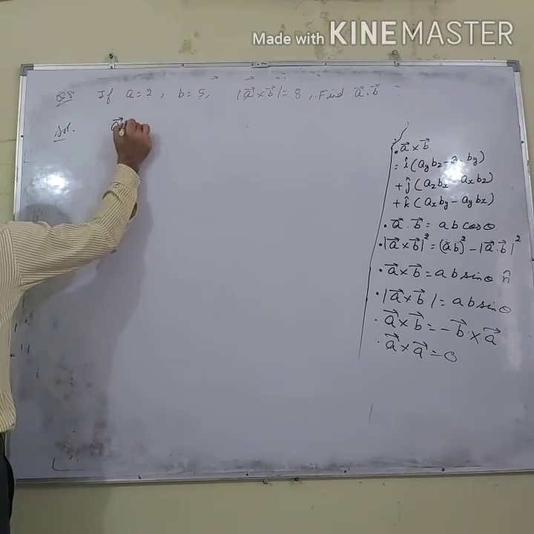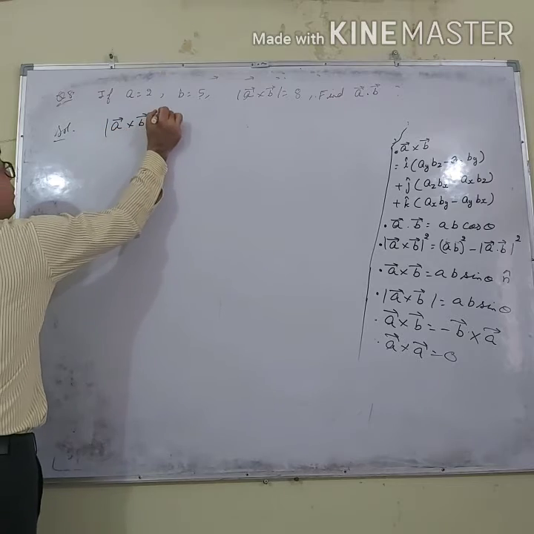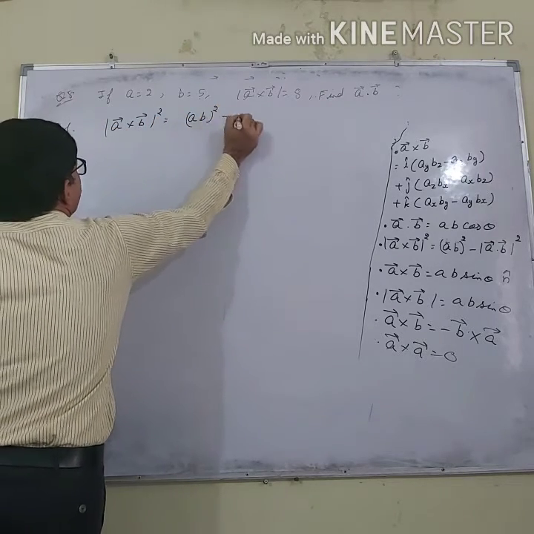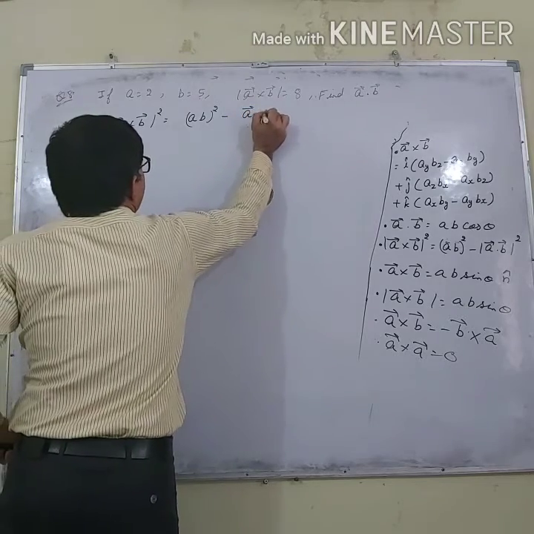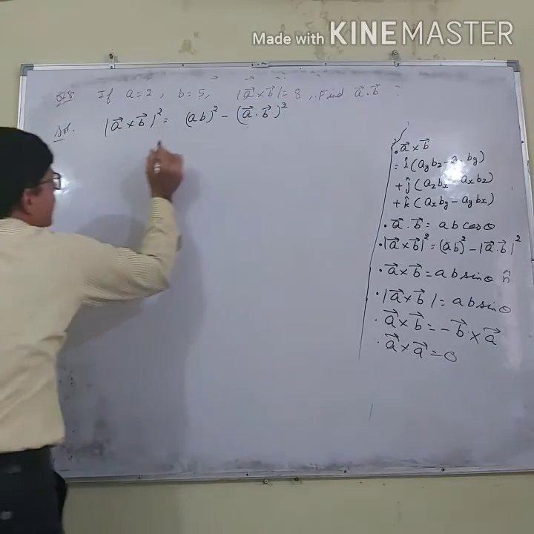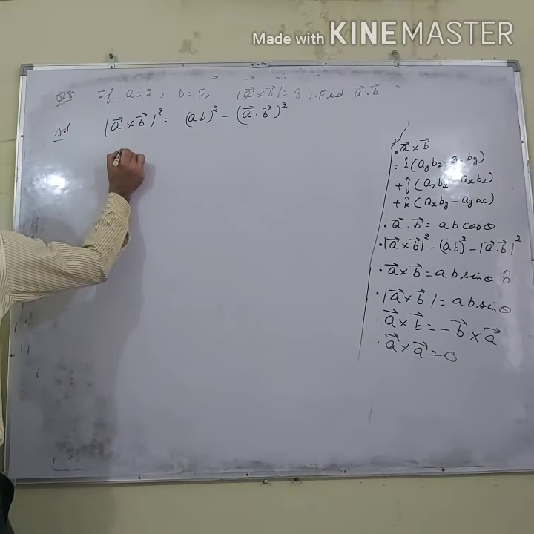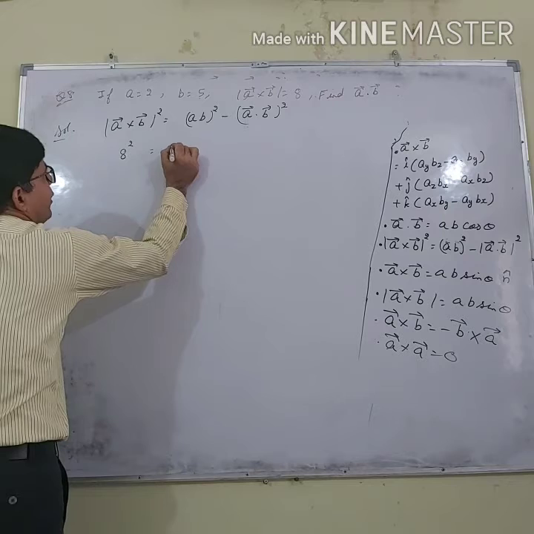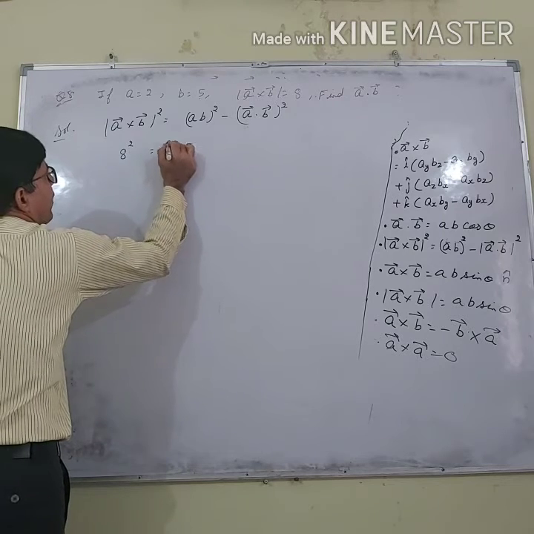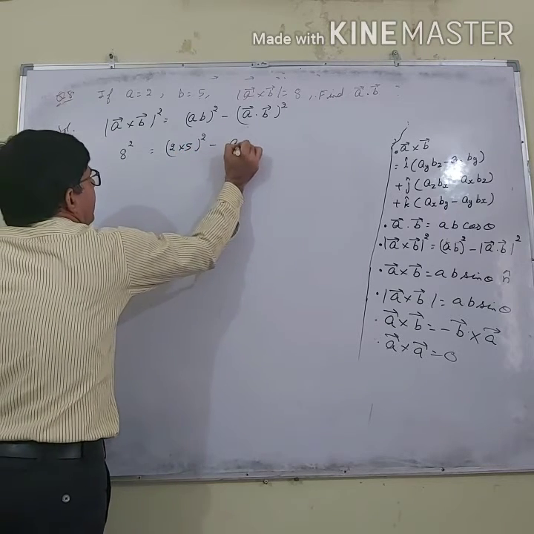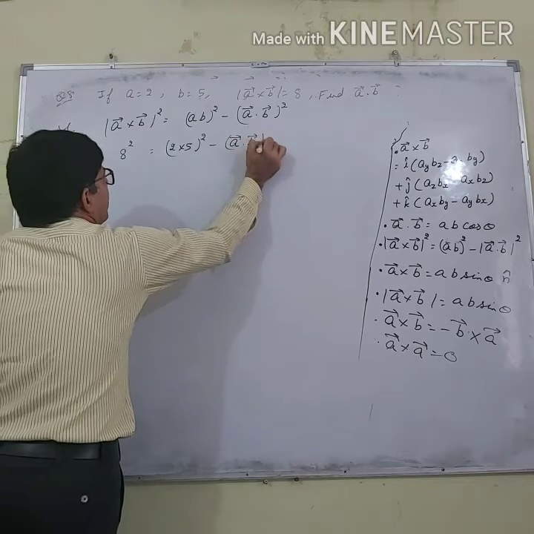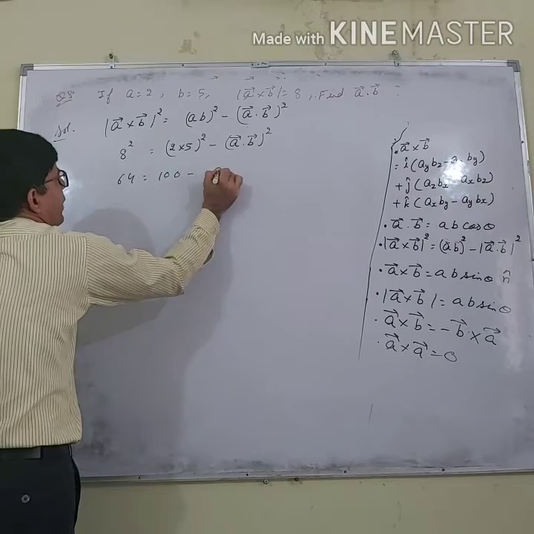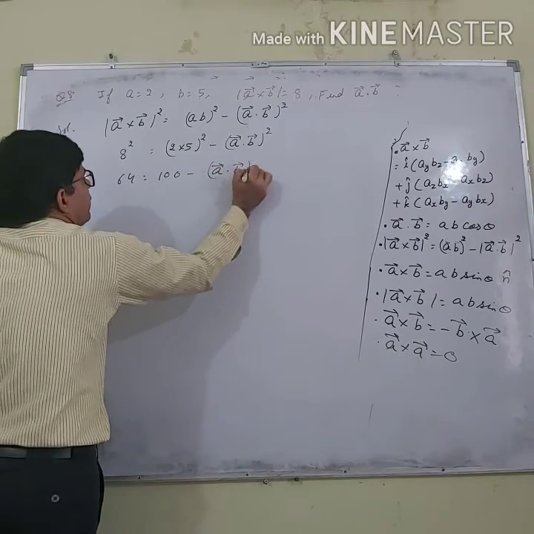A cross B magnitude is 8, so 8 squared is 64. And AB is 2 multiplied by 5, squared, is 100. And A dot B I have to calculate.